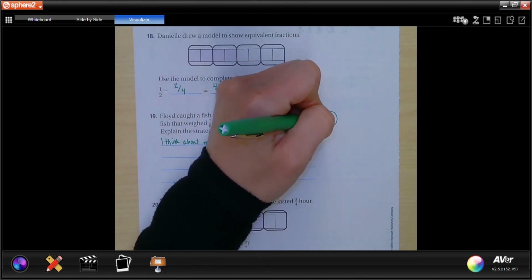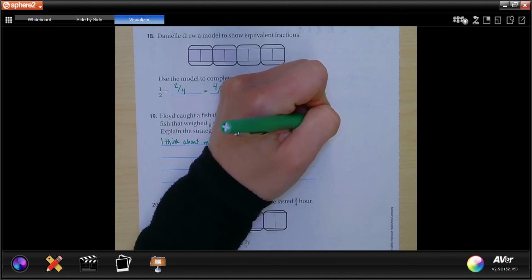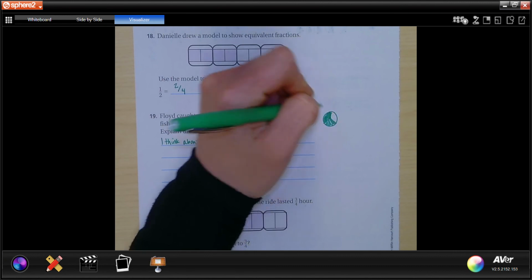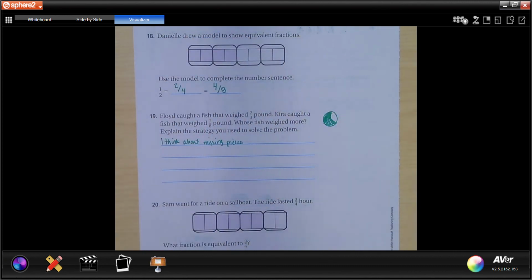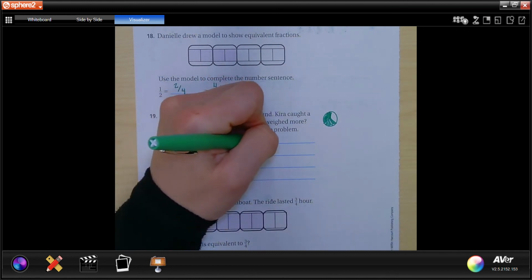So if you have 2/3, you have missing pieces from 2/3 is 1/3.